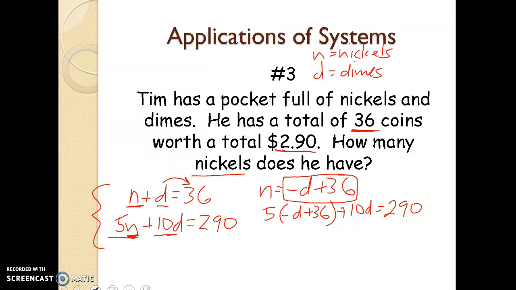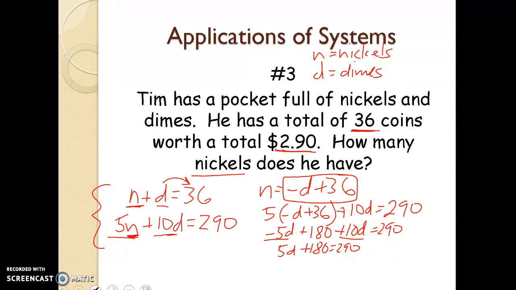And now I'm going to solve this equation. If I distribute, my 5 times negative D is negative 5D, plus 5 times 36 is 180, plus I have the 10D equals 290. So if I put my D's together, negative 5D plus 10D is 5D, plus 180 equals 290.